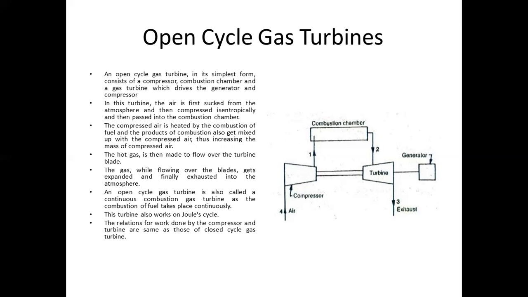An open cycle gas turbine is also called a continuous combustion gas turbine as the combustion of fuel takes place continuously. This turbine also works on Joule cycle. The relations for work done by the compressor and the turbine are the same as those of closed cycle gas turbine.